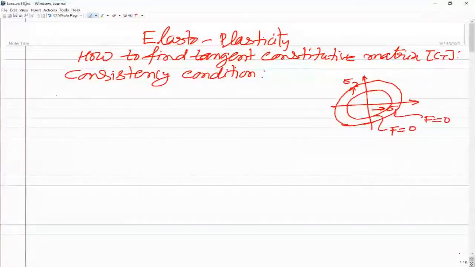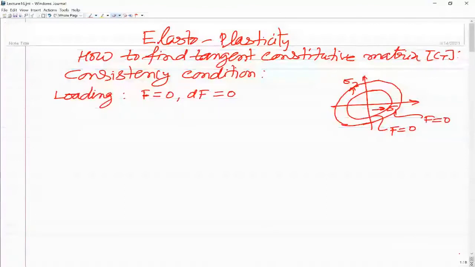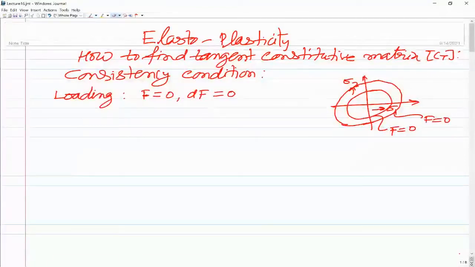So the consistency condition is written for loading. Loading means there is continued elastoplastic deformation. If loading is there, F has to be 0, the yield criterion has to be satisfied. And if we look at the differential change in the yield function, df will also be 0, because at a particular loading step where elastoplastic deformation is taking place, F is 0, and with a slightly increased load F is also going to be 0.